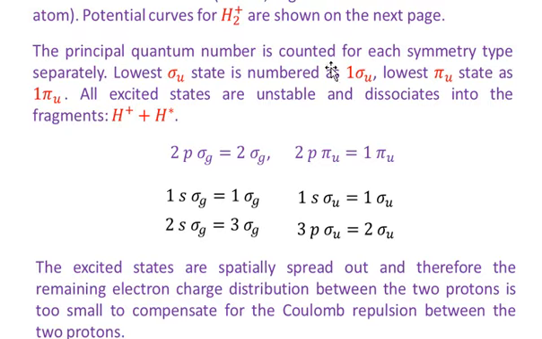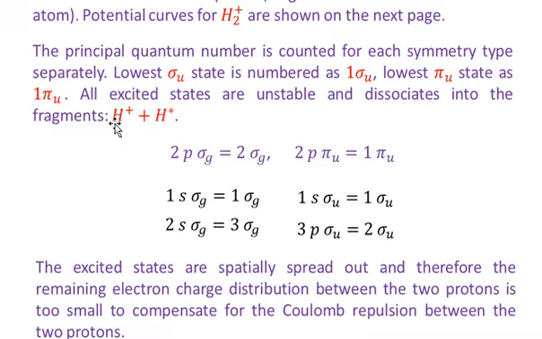The principal quantum number is counted for each symmetry type separately. The lowest sigma u state is numbered as 1 sigma u, the lowest pi u state as 1 pi u. All excited states are unstable and dissociate into fragments H plus ion and H excited.